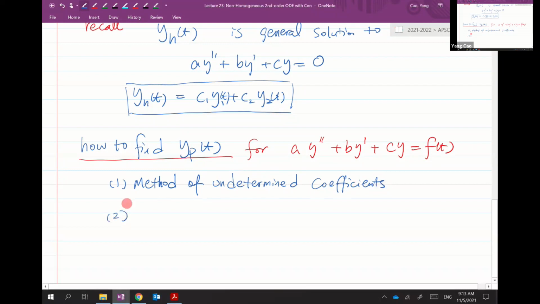A second approach is called variation of parameters. We're going to learn two different approaches to solve for this y_p of t. Today, we're going to look at the first one, the method of undetermined coefficients.